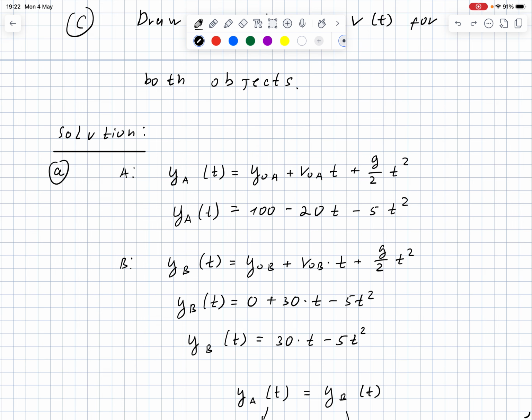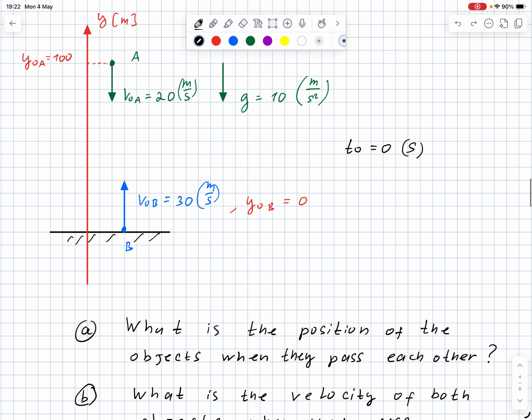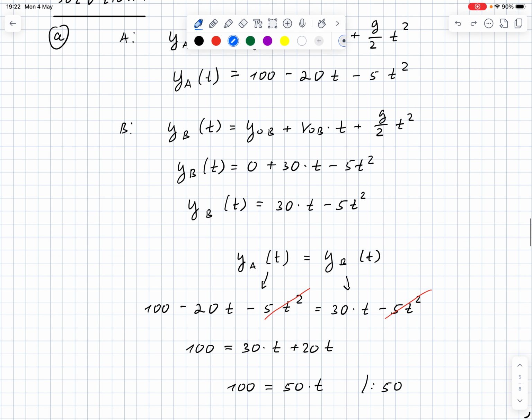So we have two functions. When those two objects pass each other, let's assume this is VA and this is maybe upwards VB, they will have the same position, which means that we need to compare y of A and y of B, just like this.